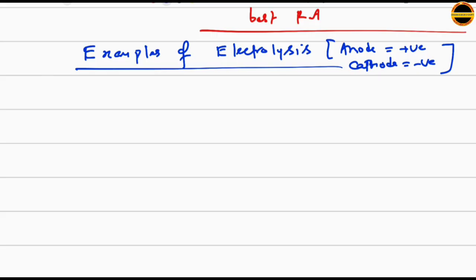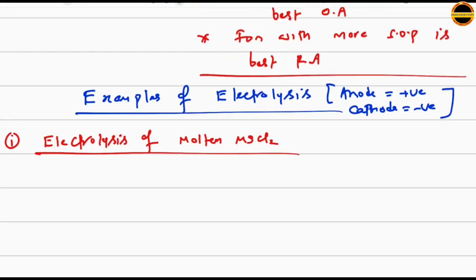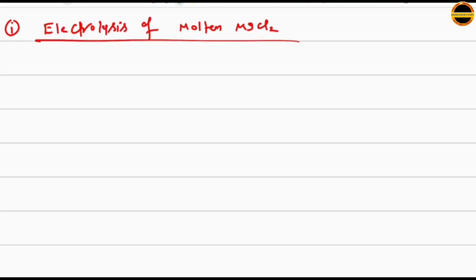So in the electrolysis process, if I take one example first, electrolysis of molten MgCl2. Under this example, first MgCl2 breaks down into Mg plus 2 and 2Cl minus.